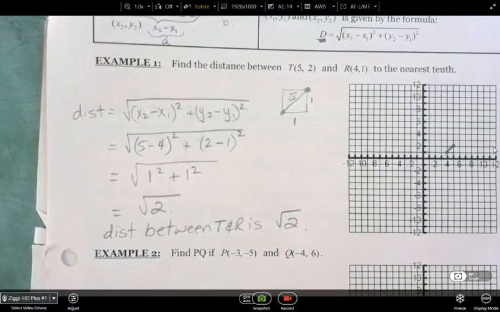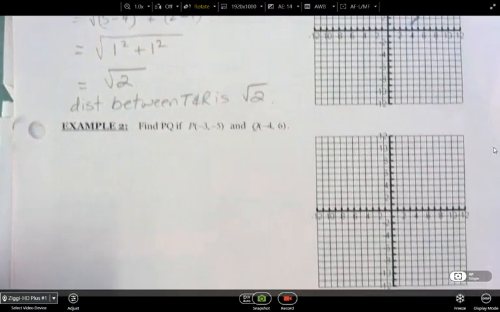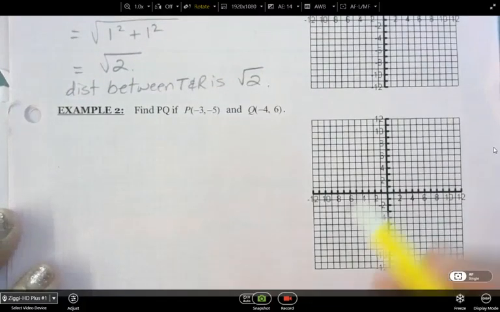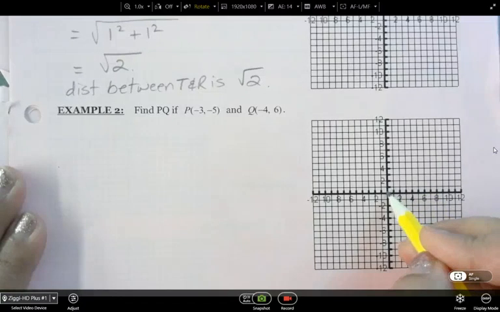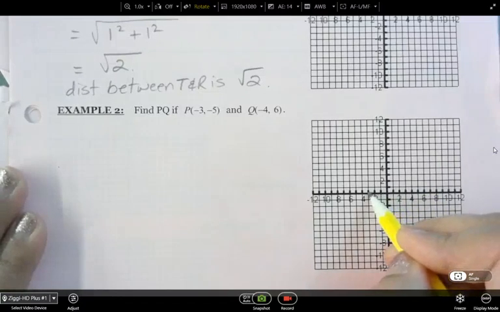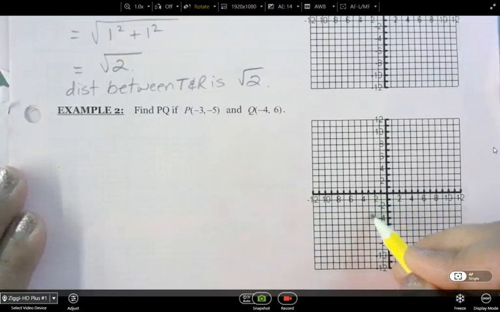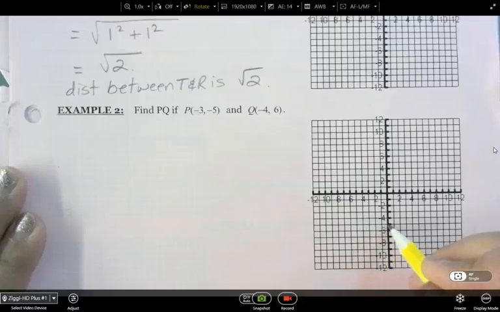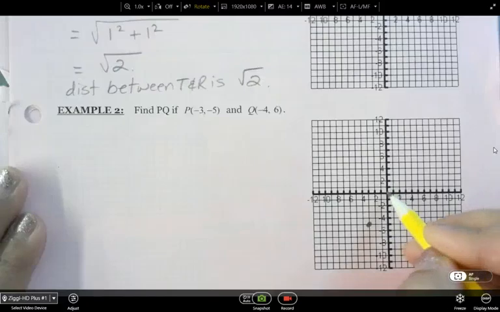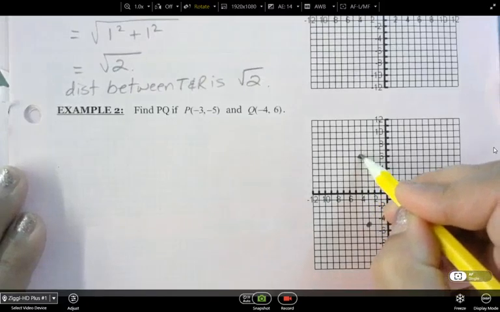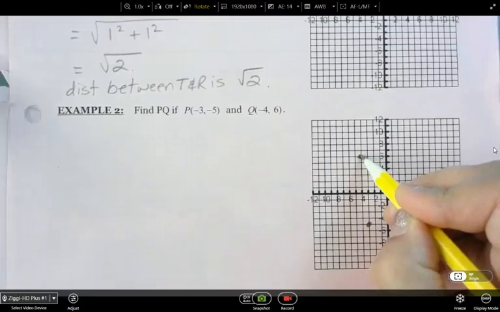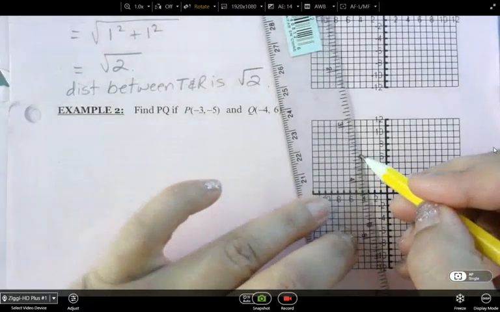Okay, so let's have a look at this next example. Let's plot these 2 points. So I've got -3 and -5. That's right here. And then I've got -4 and 6. That's right up here. So I'm going to connect these two with a line.